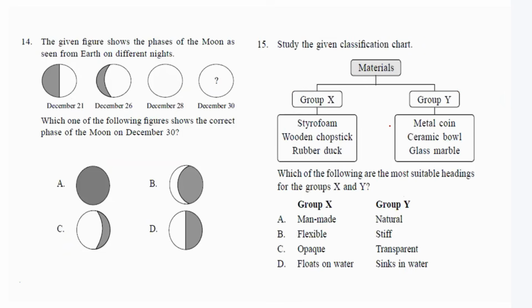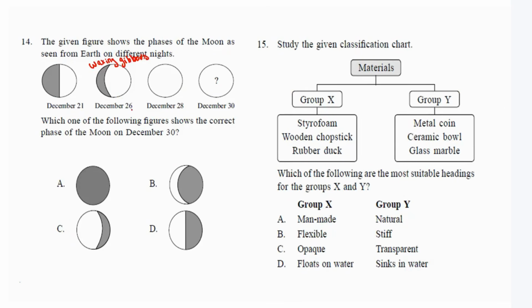Coming to question number 14. In question number 14, it is said, the given figure shows the phases of the moon as seen from Earth on different nights. So December 21, it was half moon. December 26, it was waxing gibbous, right?